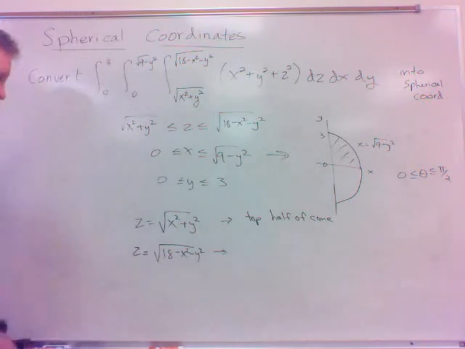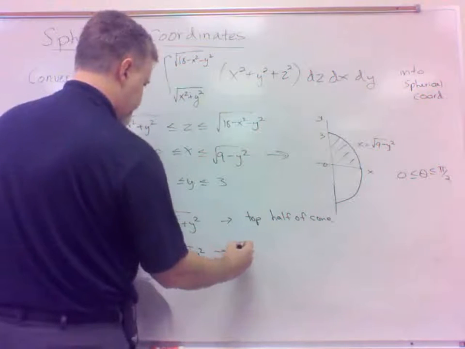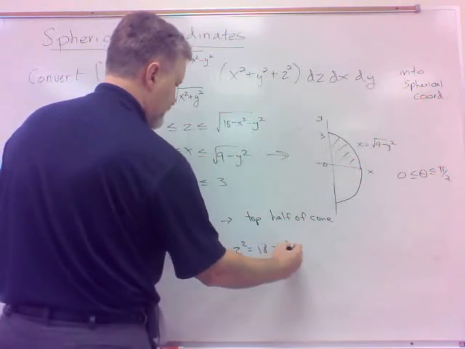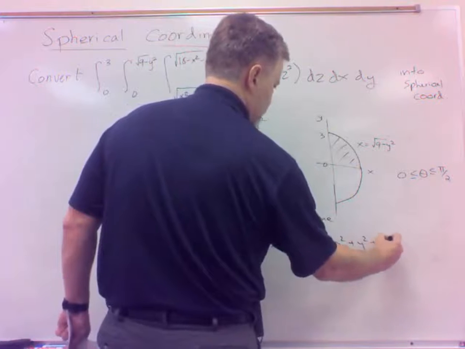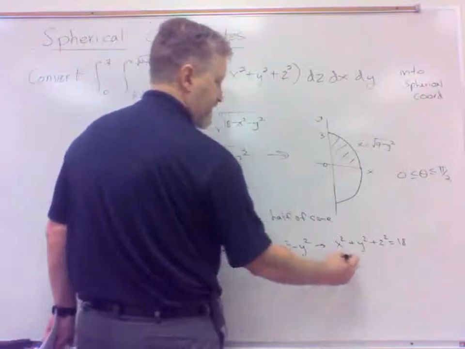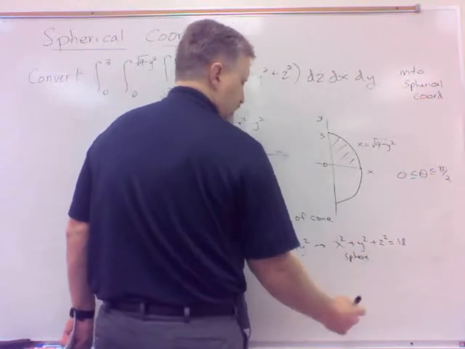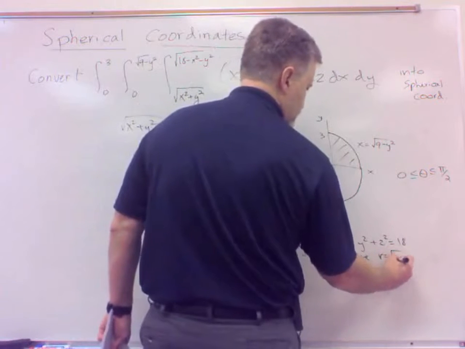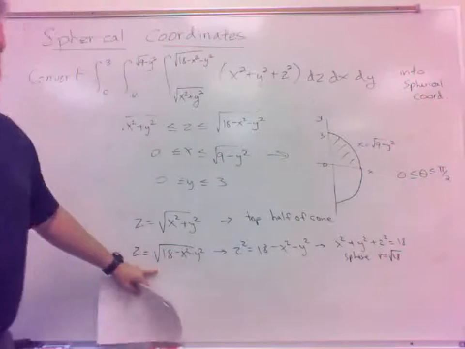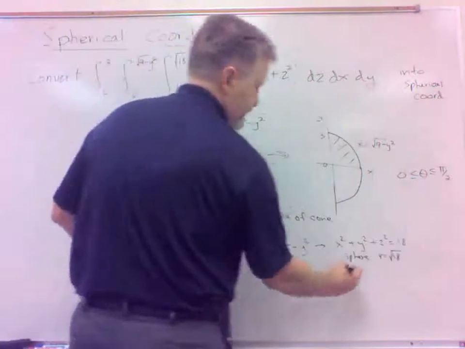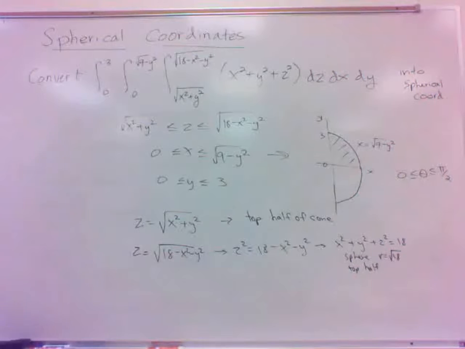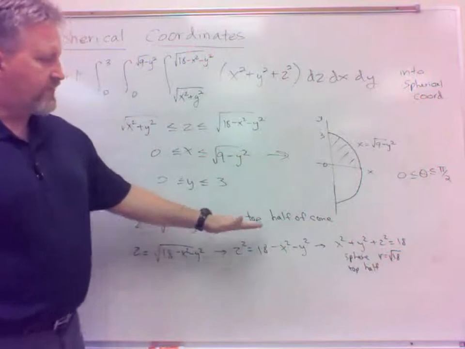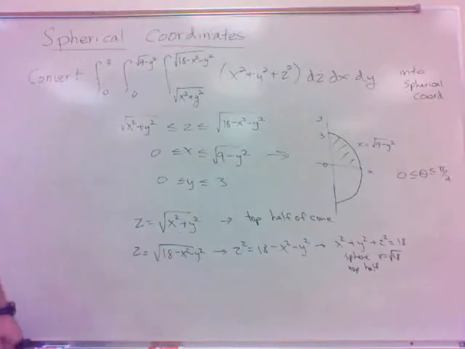If you square both sides, you get z squared equals 18 minus x squared minus y squared, which is x squared plus y squared plus z squared equals 18. So there we're talking about a sphere, radius square root of 18, centered at the origin. And since we're taking the square root, that's the top half of the sphere. So basically we're integrating over the top half of a cone to the top half of a sphere.